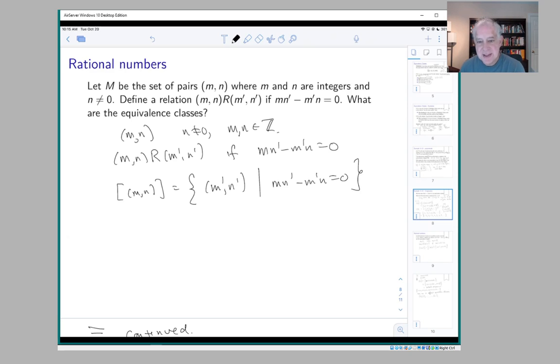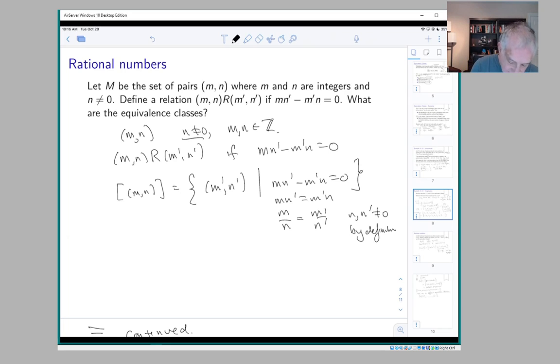And where did I get this? Well, this is cross multiplication. This says that mn' equals m'n, or in other words, that m over n equals m' over n'. And this is legit because n' and n are not 0. That's part of the rules, by the definition of the set. So the equivalence class of (m, n) is all of the pairs of numerators and denominators that give the same fraction, m over n.